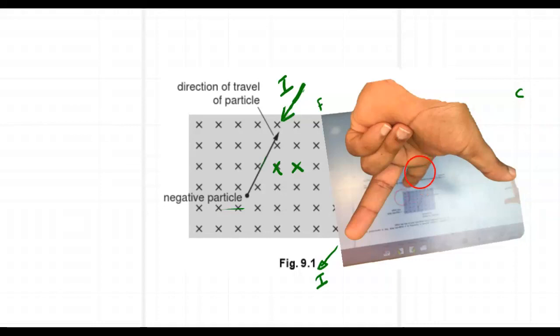If you notice carefully, my index finger is still into the page. Now you can see the alignment of your thumb, it points to the right. So the particle will be deflected in this direction, to the right. You have to write it like that.